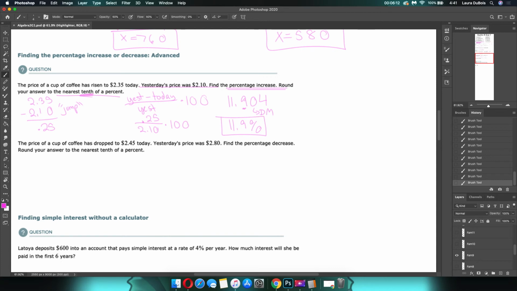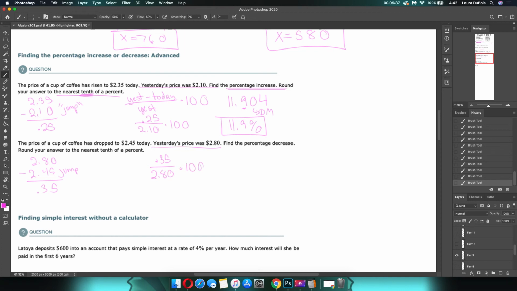Let's do another one. We have $2.80, and then we have $2.45. So what's the jump from 245 to 280? That's going to be 35 cents, right? So 0.35 over yesterday. What day is yesterday? 2.80 times 100.